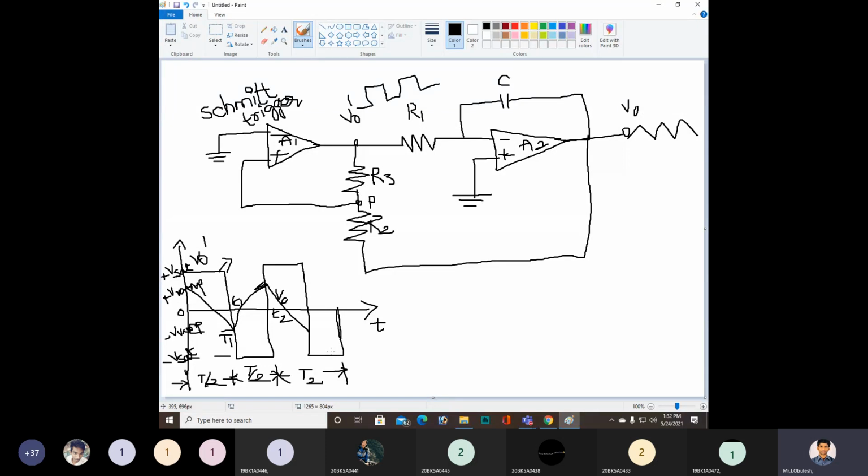The square wave we get at the Schmitt trigger side, and the triangular wave we get from the integrator circuit. So there is no change in the frequency.